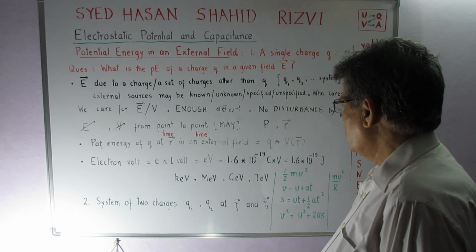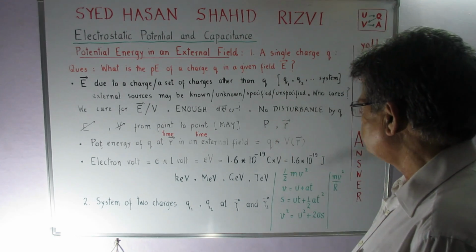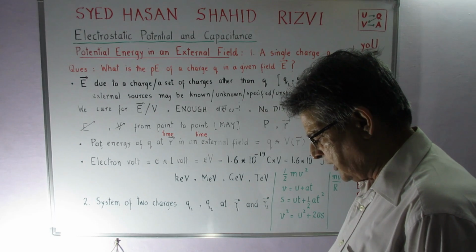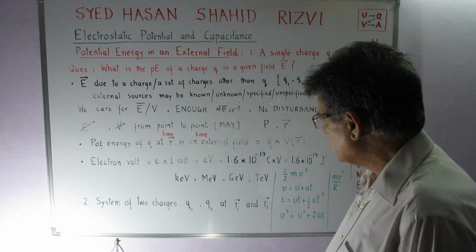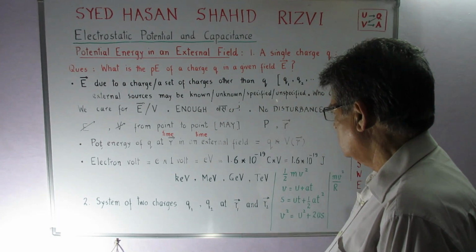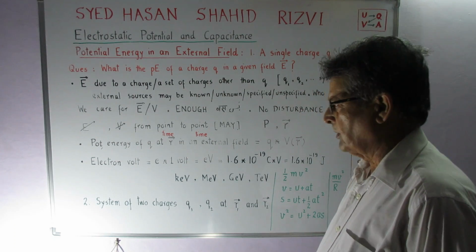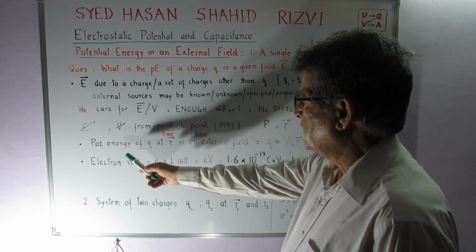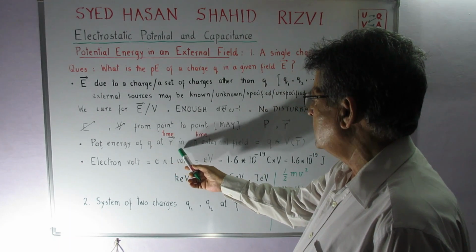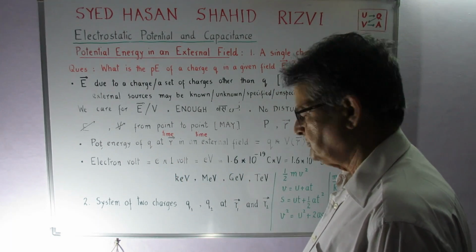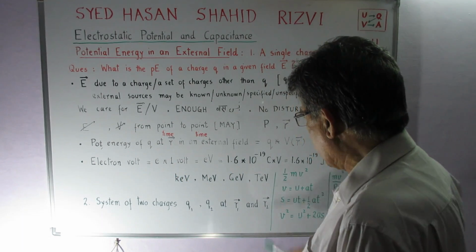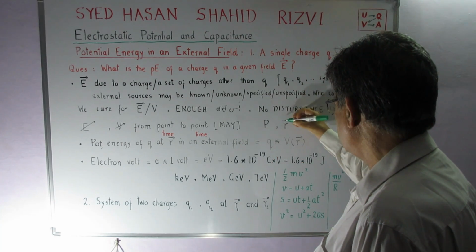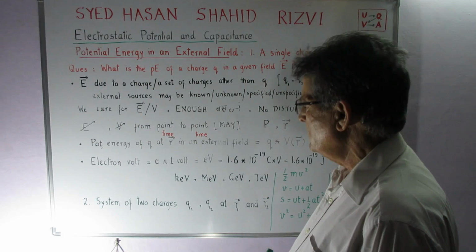Now we have a point P with a defined coordinate, the vector R. No problem. So let me write the potential energy of q at R in an external field. That will be equal to the charge q multiplied by the potential at this point R. Very simple.